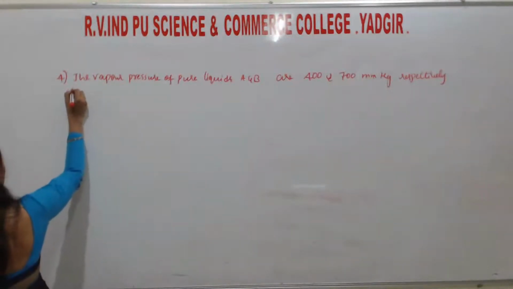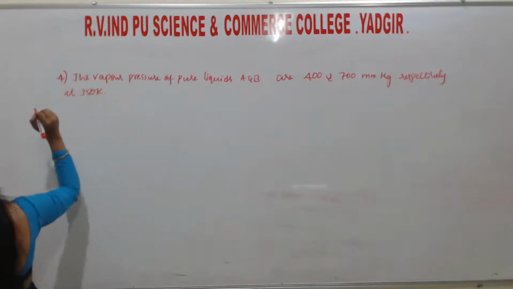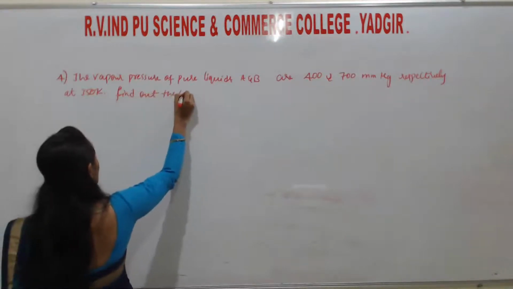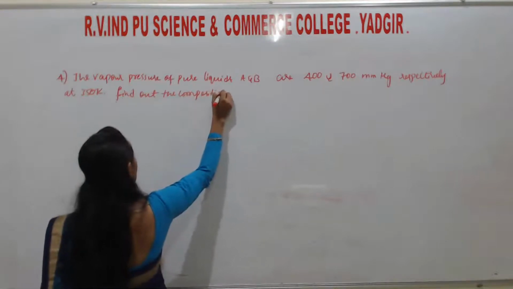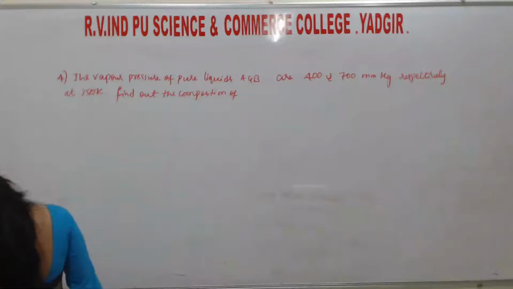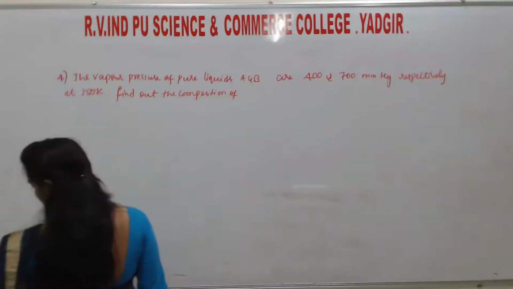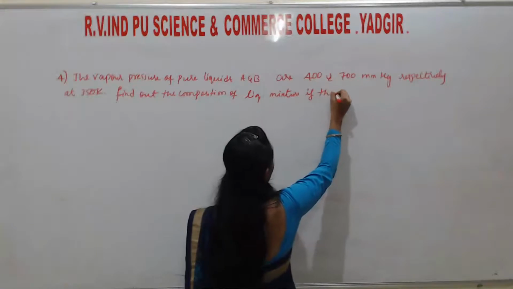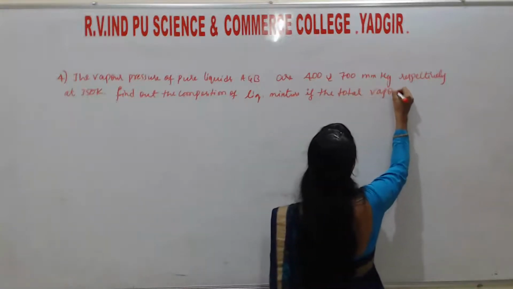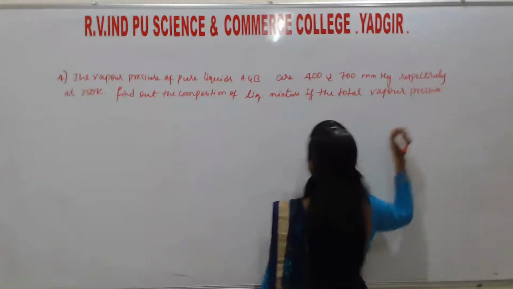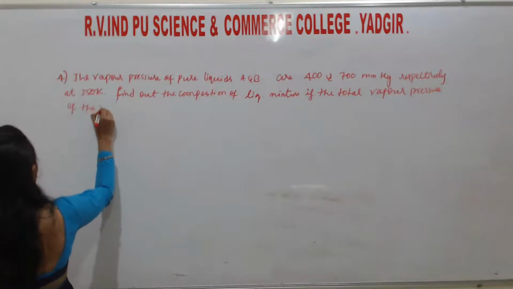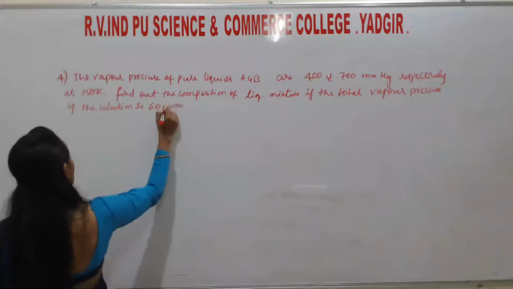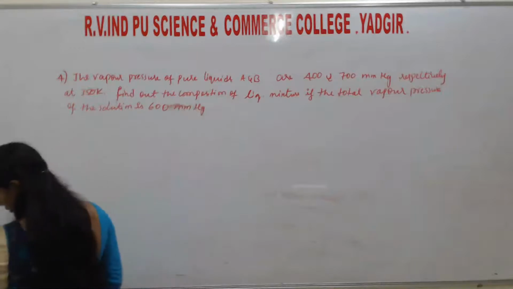at 350 Kelvin. Find out the composition of the liquid mixture if the total vapor pressure of the solution is 600 mmHg.